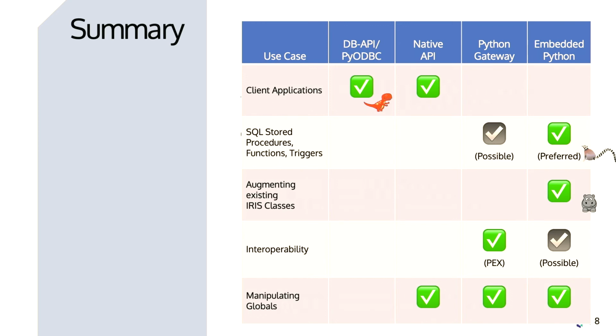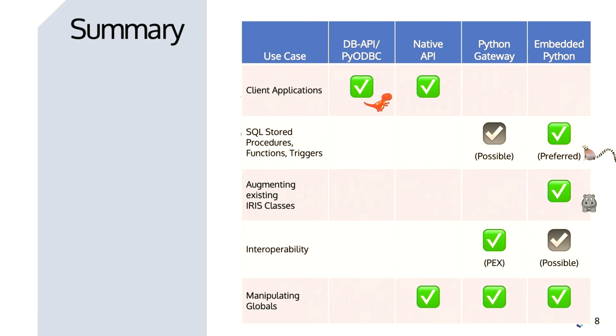And in the case of interoperability, Python Gateway is probably what you want to be using, a technology called PEX. It's possible to do some things with embedded Python, but I think that's a lot less mature. If you were starting today, you'd probably want to be using the Python Gateway strategy.